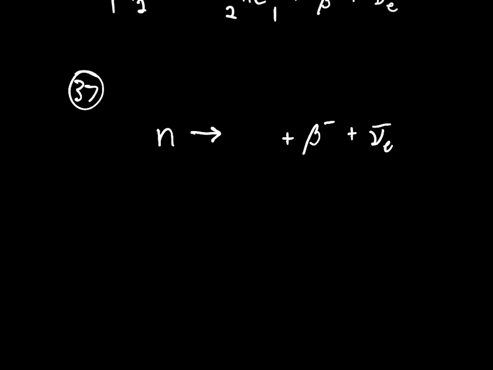What's the charge on the left-hand side? Neutral. What's the charge on the right-hand side right now? -1. How do I cancel out -1? Positive, +1. How do I get +1 charge there? Proton. Boom. That's it.